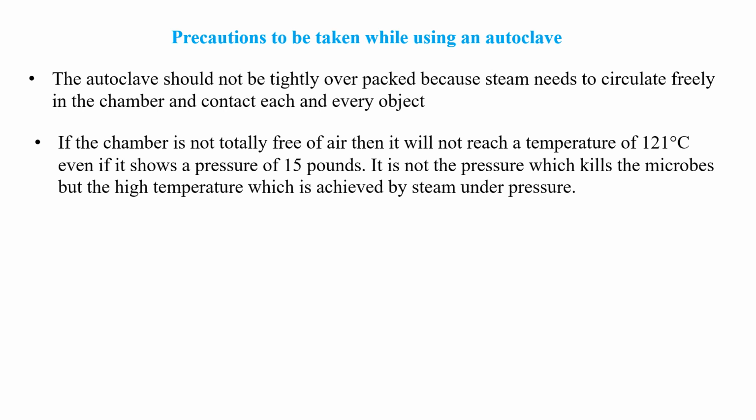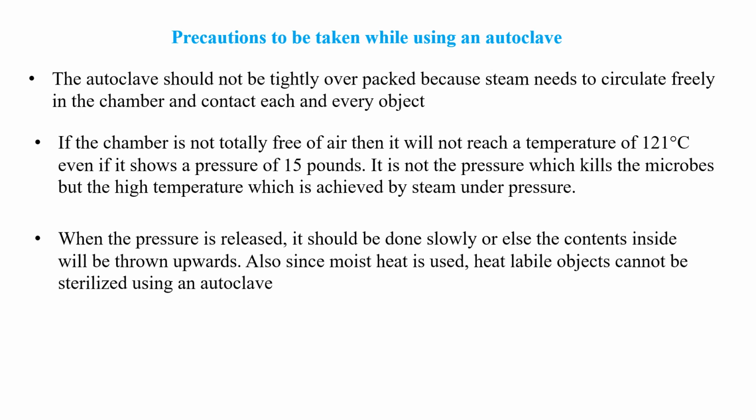And remember, it is not the pressure which kills the microbes but the high temperature which is achieved by steam under pressure. Thirdly, when the pressure is released, it should be done slowly or else the contents inside will be thrown upwards. Also, since moist heat is used, heat labile objects cannot be sterilized using an autoclave.